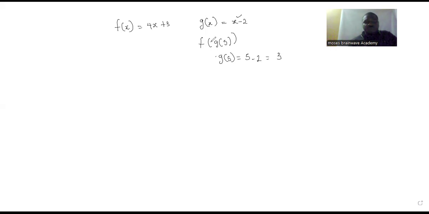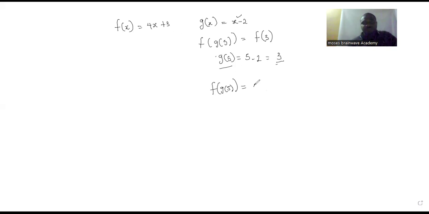Then what we now have is the same thing as saying f of g of 5, which we have gotten to be 3. Isn't that cool? So in f of x, I'm going to substitute it. So f of g of 5 is the same thing as f of 3, substitute the value here for x.